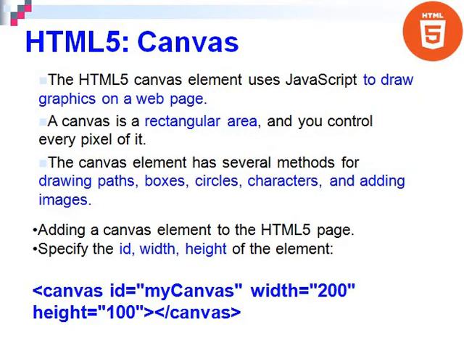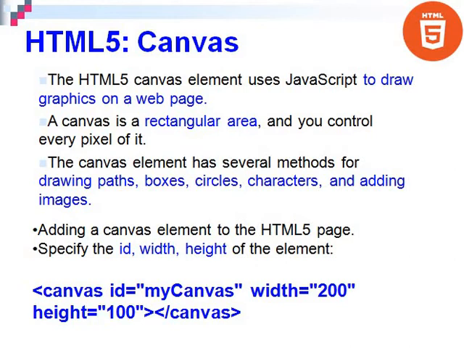Now we can see another element in HTML5, canvas. The canvas element uses JavaScript to draw graphics on a web page. A canvas is a rectangular area and you can control every pixel of the canvas area. It has methods for drawing paths, boxes, circles, characters and adding images.